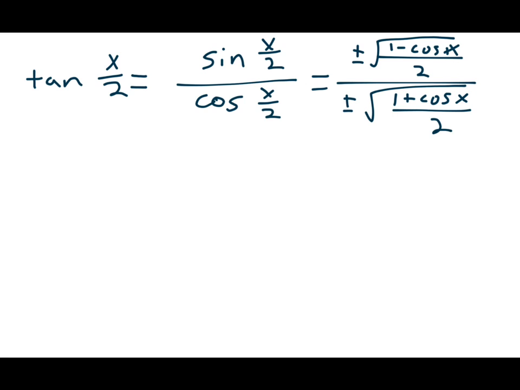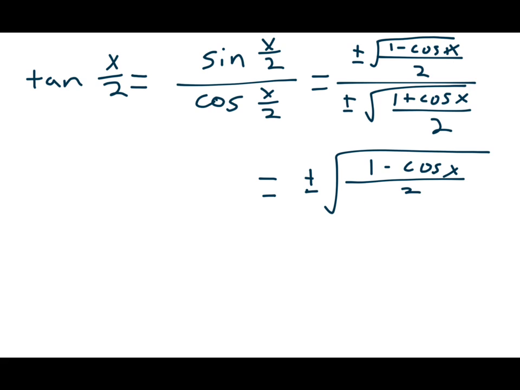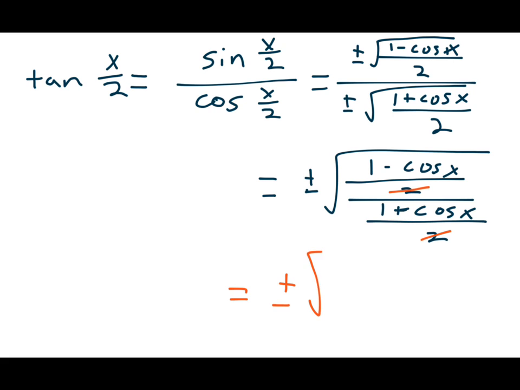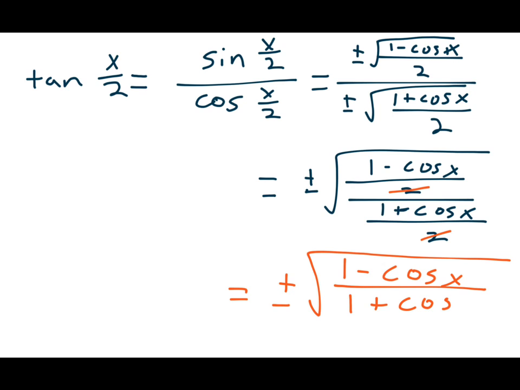Combine those together into one square root. The 2's can cancel, and I'm left with the half angle for tan: the square root of 1 minus cosine of x all over 1 plus cosine of x.